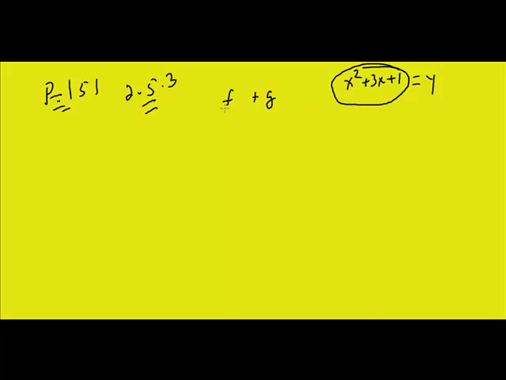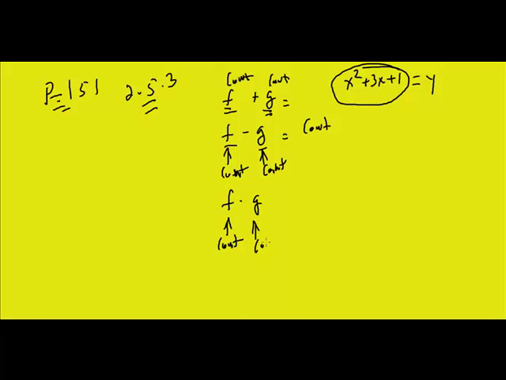When f and g are polynomials and you add them, if this is continuous and this is continuous, then the sum is going to be continuous. When you subtract two continuous functions, that will be continuous also. When you multiply two continuous functions, f times g, that is going to be continuous also.